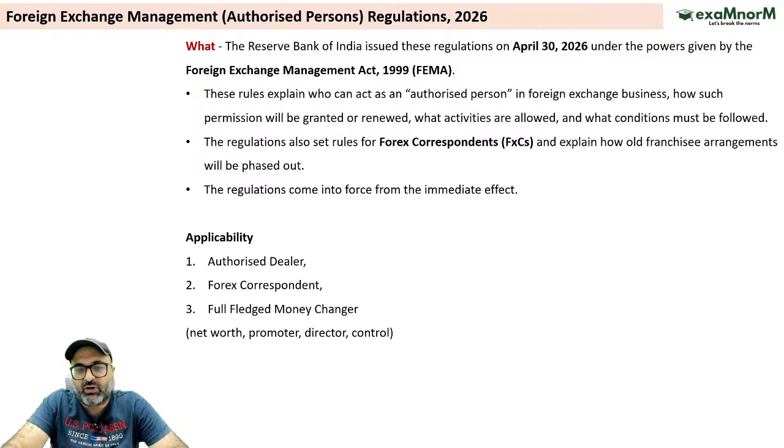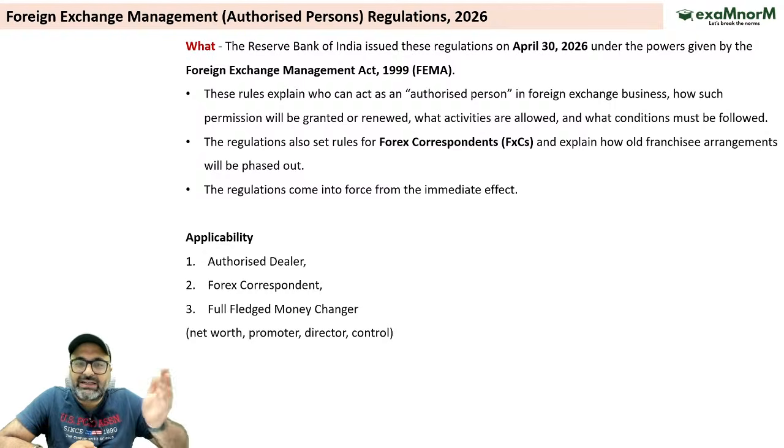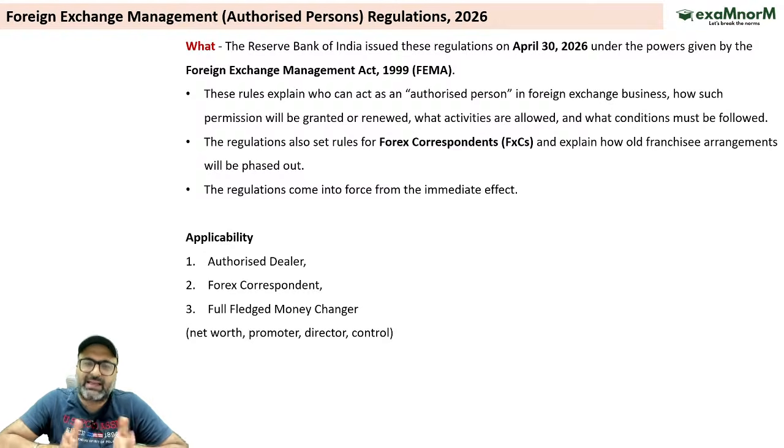Okay. Now if I move on to category 2. What is category 2, sir? Category 2 is allowed to carry out specified non-trade related current account activities, and any other activities which are decided by RBI.